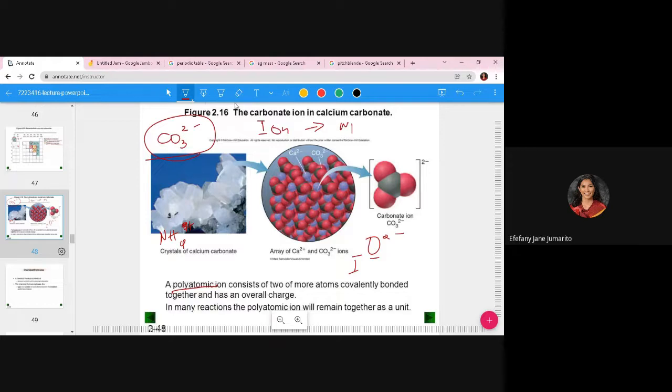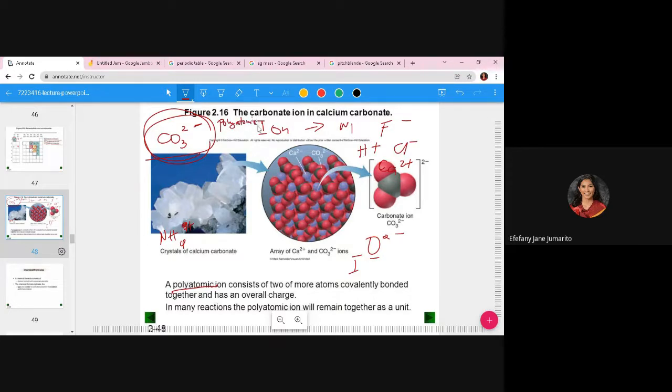All right, now let's go to ions. There are two types of ions. We have monatomic ions, just like F minus, monatomic. We have Cl minus, H plus. We have calcium 2 plus. It's monatomic. Now, if two different elements are combined and it is charged, then it is called polyatomic.